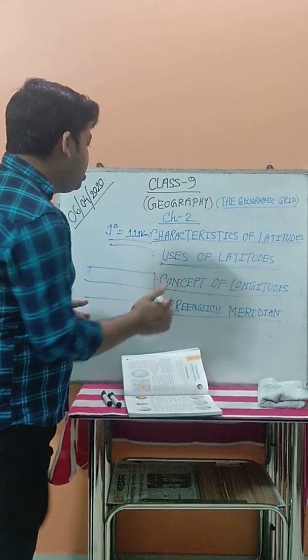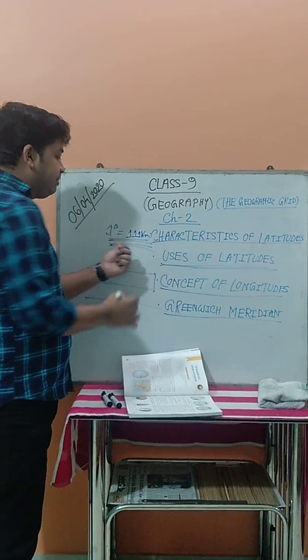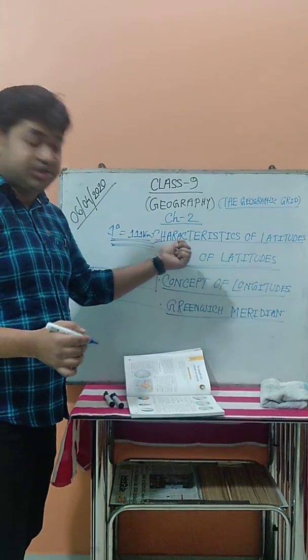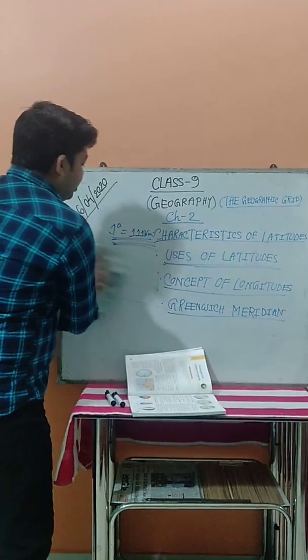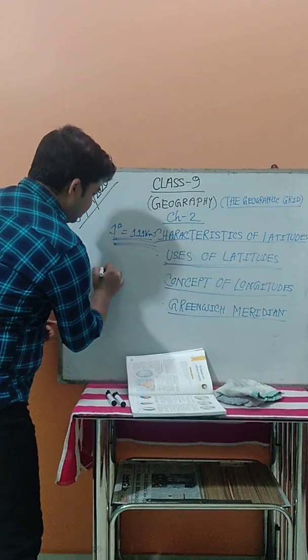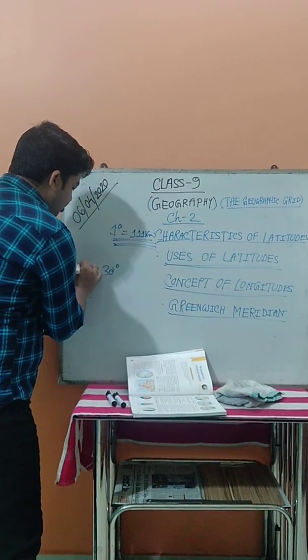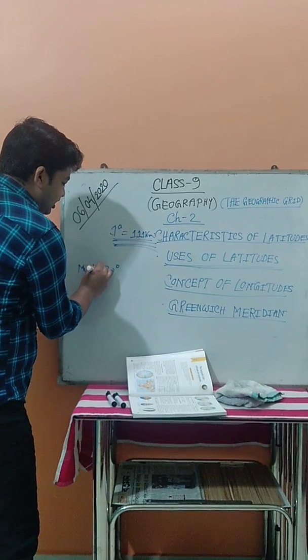As you know, 1 degree of latitude represents 111 kilometers. Suppose the latitude of Mumbai is given as 30 degrees.